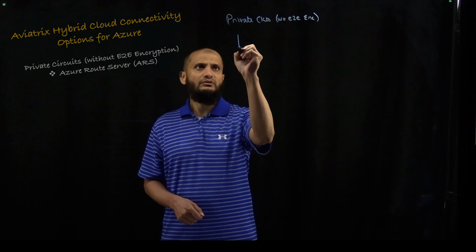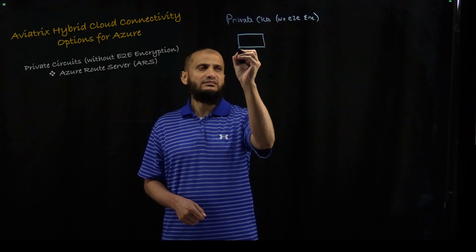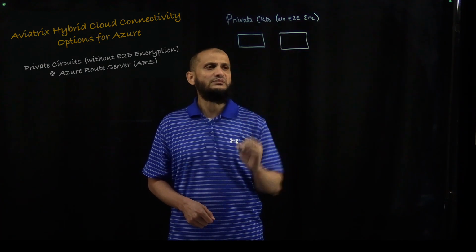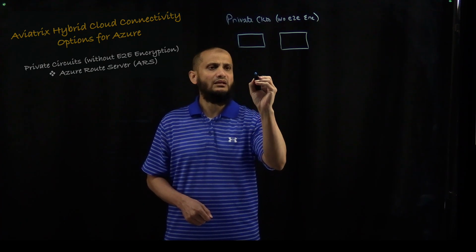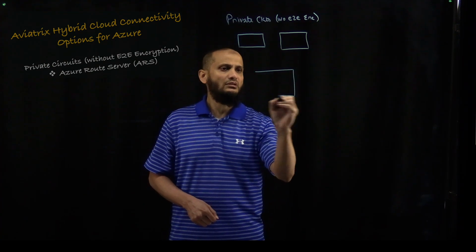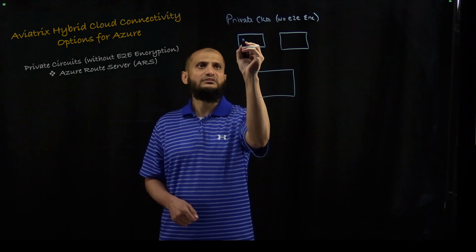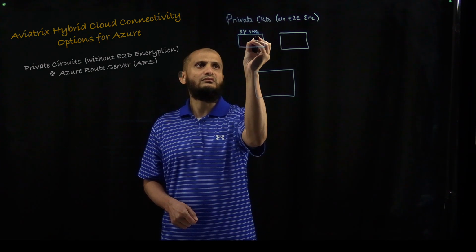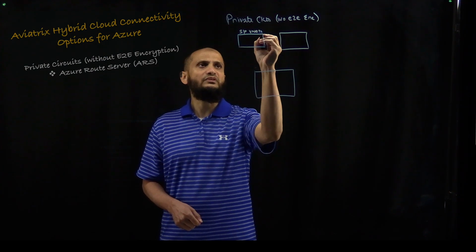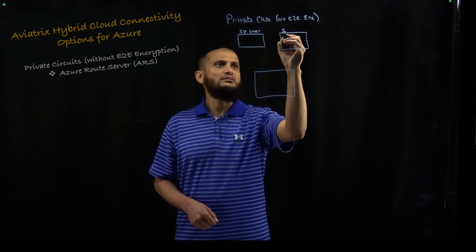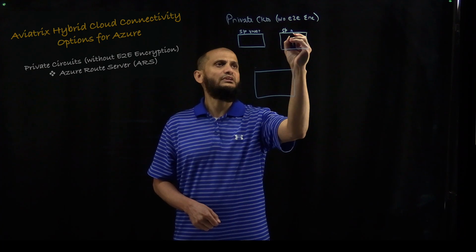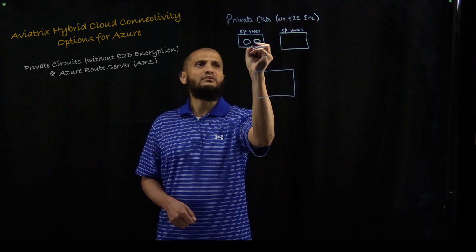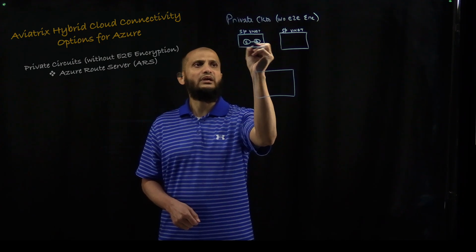We have the Aviatrix multi-cloud network architecture, spoke and transit architecture. On top you see Aviatrix spoke VNets. Let's say this is a spoke VNet, and this is another spoke VNet. In the spoke VNet, we have spoke gateways.